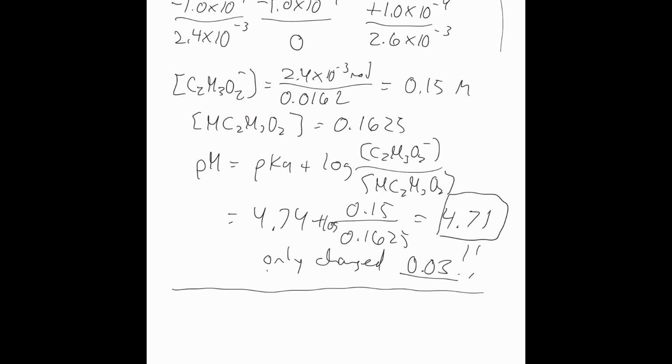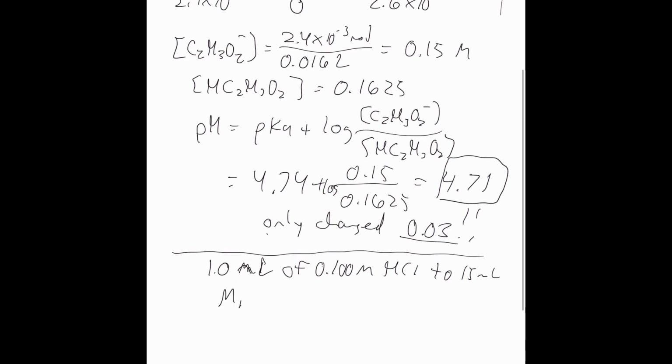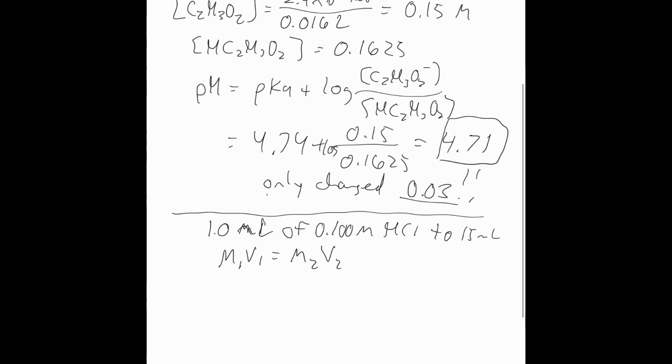But why don't we go ahead and compare, like we said. So if we had just 1.0 milliliter of 0.1 molar HCl added to 15 milliliters of water, we're going to have a final volume of 16 milliliters. Now in this case, it's not going to react with anything. It's just adding to water. So this is a dilution problem. This is M1V1 equals M2V2, everybody's favorite equation.